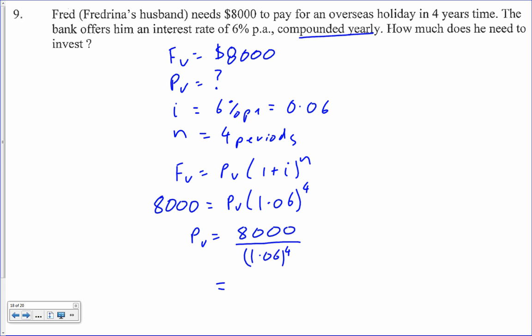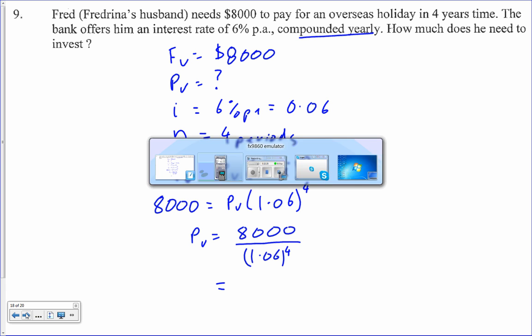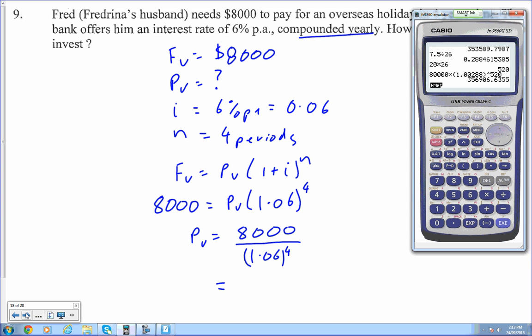Grab our calculator, 8, 1, 2, 3, divided by bracket 1.06, bracket, to the 4. So he needs to invest $6,336.75. So he needs to invest that much money.